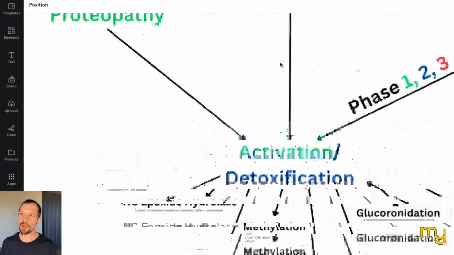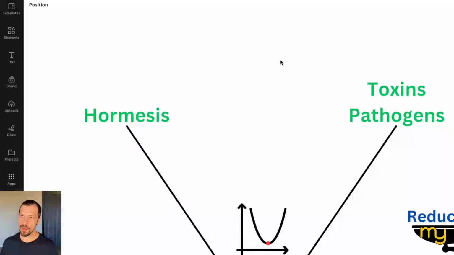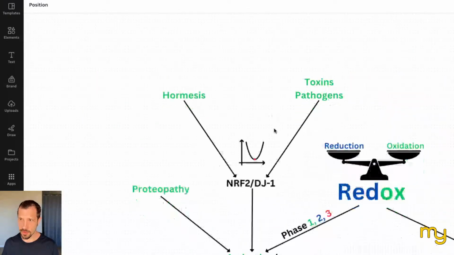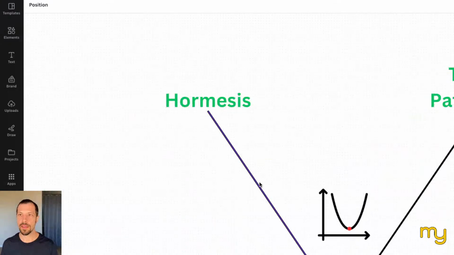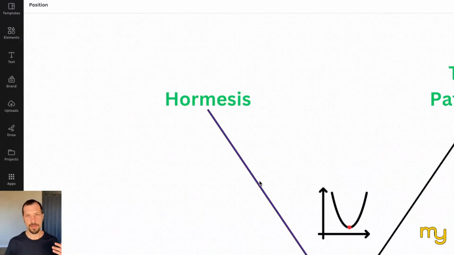All these pathways are turned on in healthy individuals through hormesis. Now, hormesis is the act of doing something that's a stress to the body, but a good stress, so that the body recovers well and creates a beneficial response. A great example of this would be exercise.